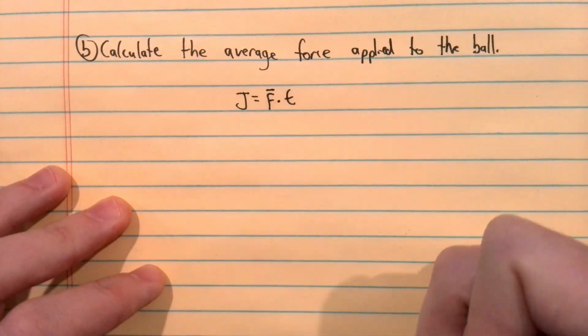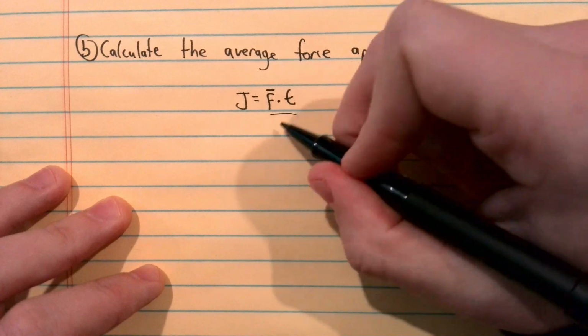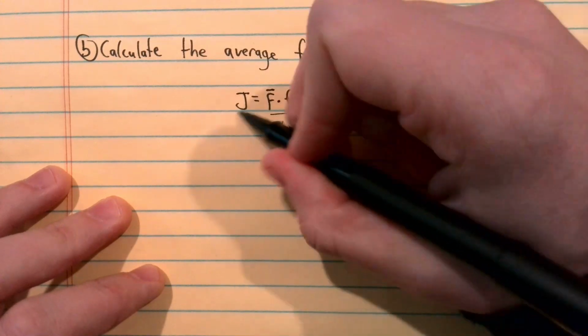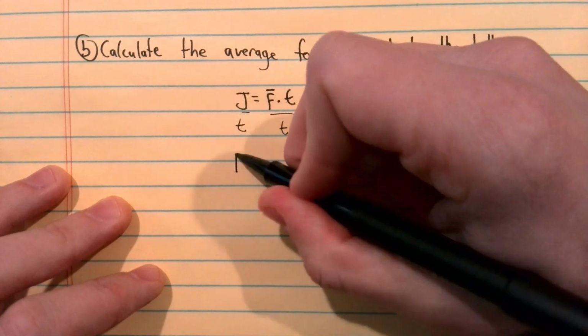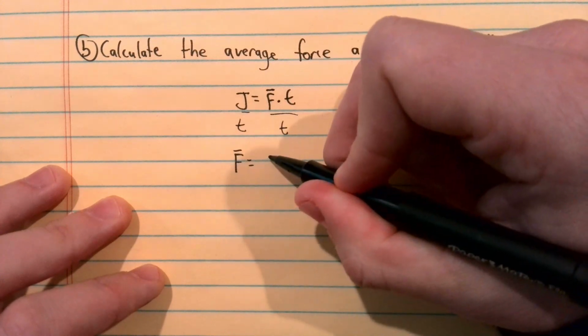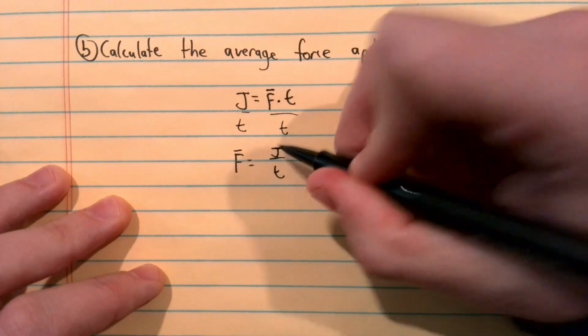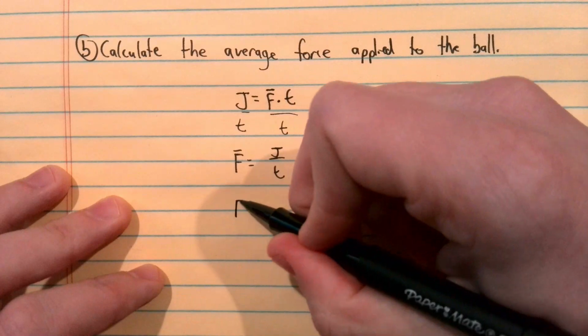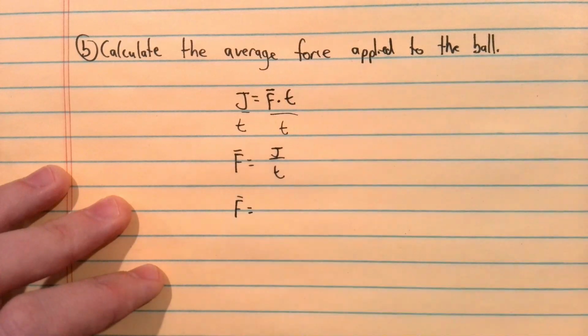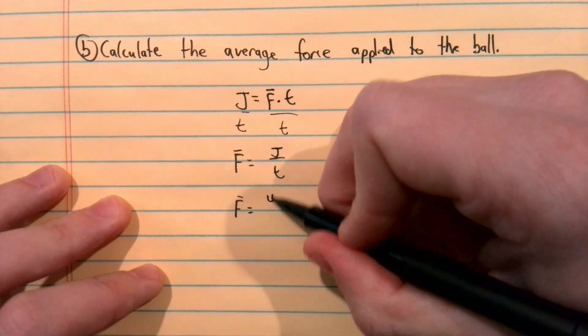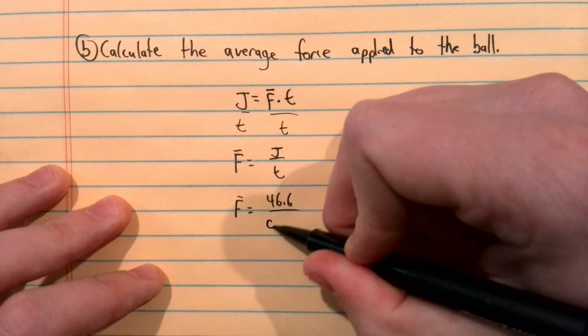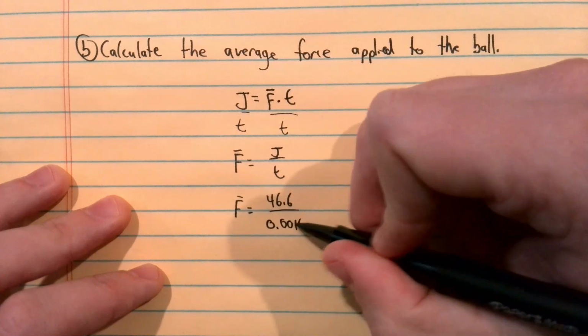I'll solve symbolically just because it's cooler that way. We'll divide by t on both sides. So the average force is the impulse over the time. And so it'll be 46.6 over 0.0016.